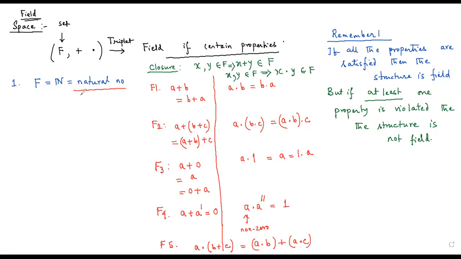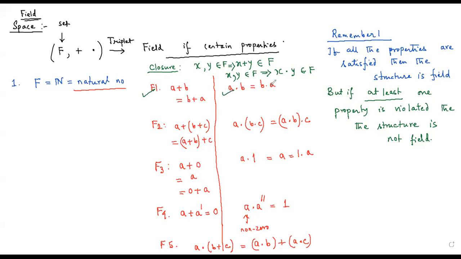For natural numbers, if you consider any two natural numbers, their sum is also a natural number, and their product is also a natural number. So obviously the closure property holds for the set of natural numbers. If you consider any two natural numbers and add them, commutativity, A plus B equal to B plus A, actually holds.